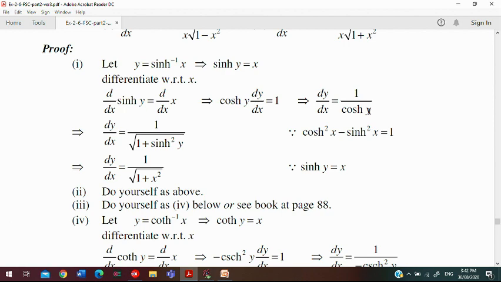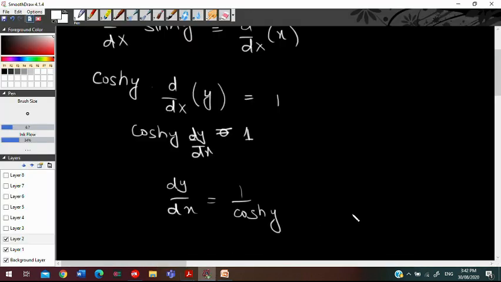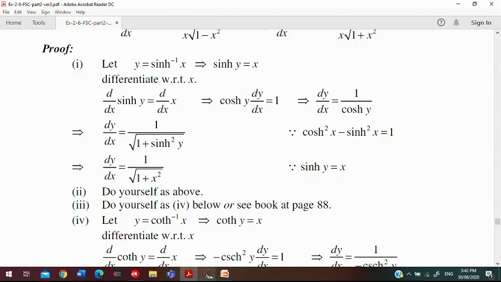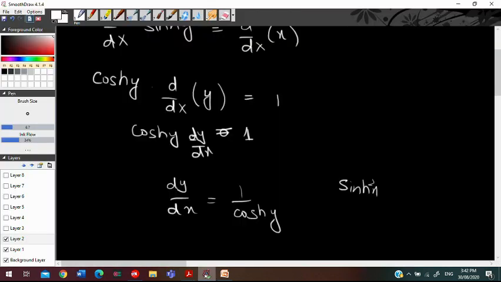Now cos hyperbolic of y, you know the formula: cos hyperbolic square of x minus sine hyperbolic square of x is equal to 1.